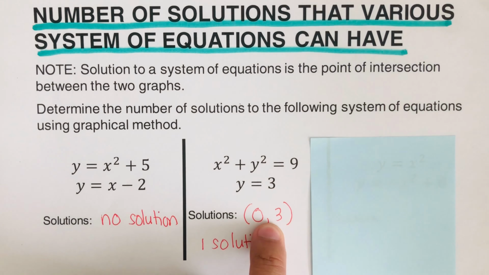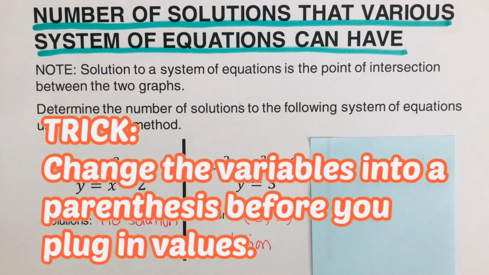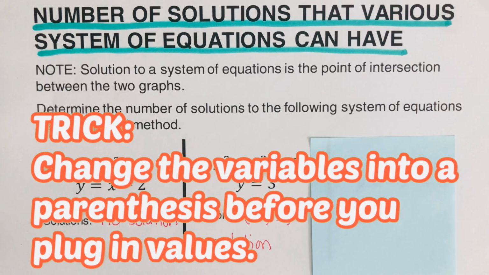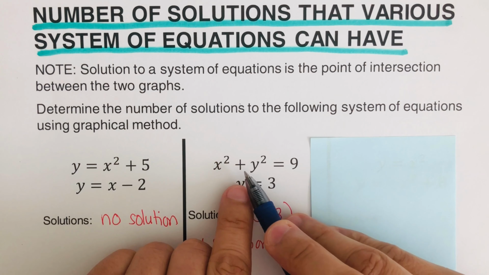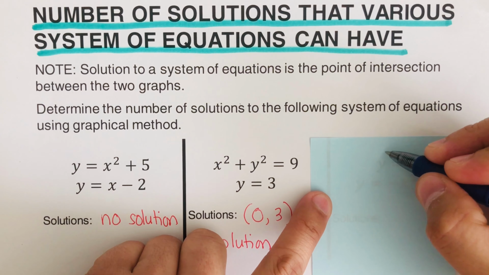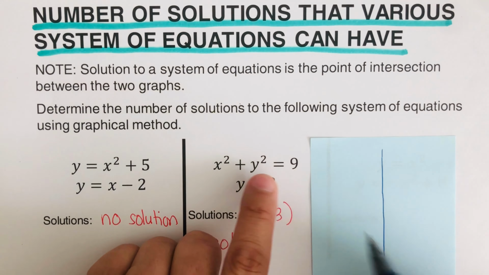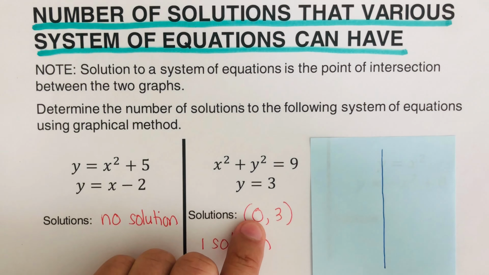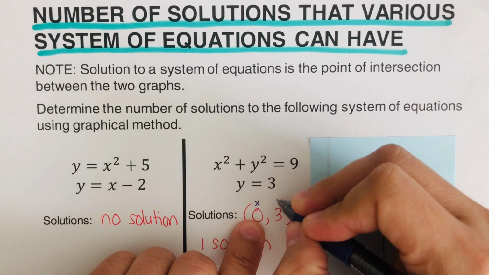We are going to check, and remember the trick in checking for a solution, or checking for answers: we're supposed to change the variable into a parenthesis before we plug in the values. So I'm just going to divide this into two. Let's take the first one. Remember, this is our x and this is our y.